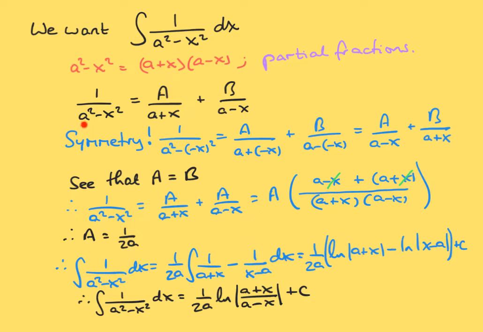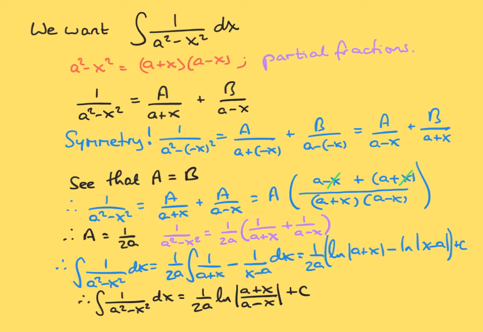So equivalent to integrating this, we are integrating this with A equals B equals 1 over 2 times little a. So let's write that down explicitly. What we're saying is that 1 over a squared minus x squared is equal to 1 over 2a, open brackets, 1 over a plus x plus 1 over a minus x.